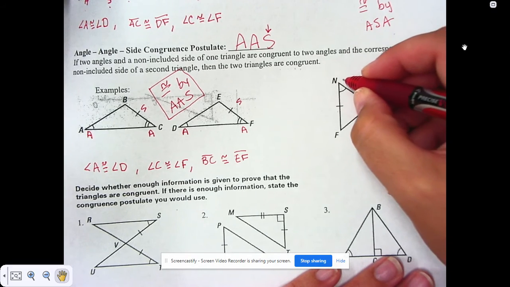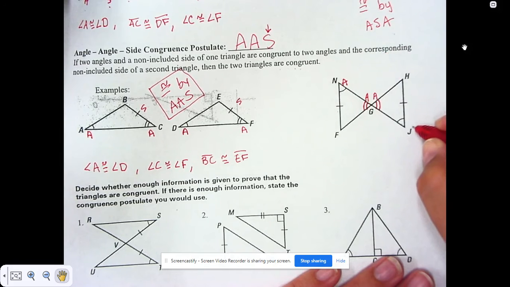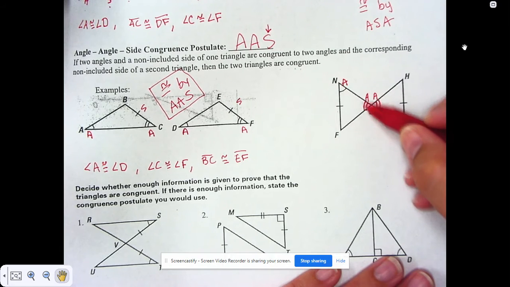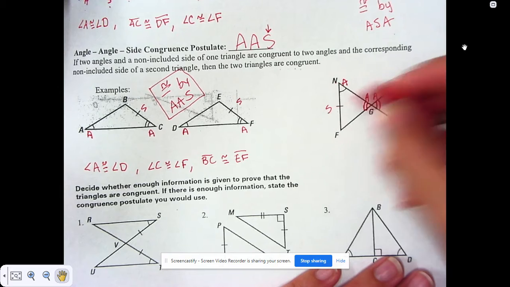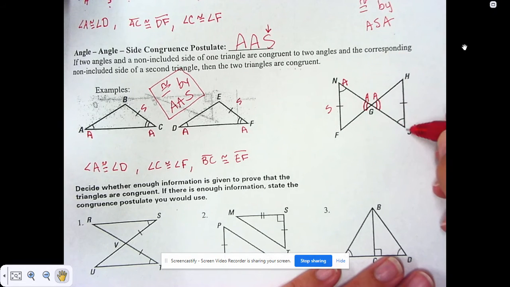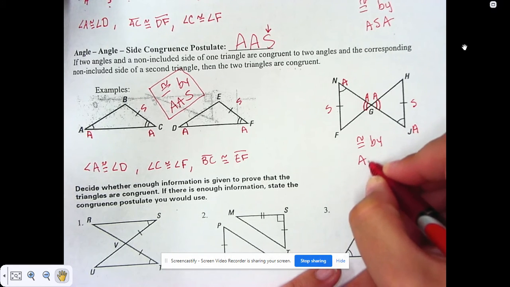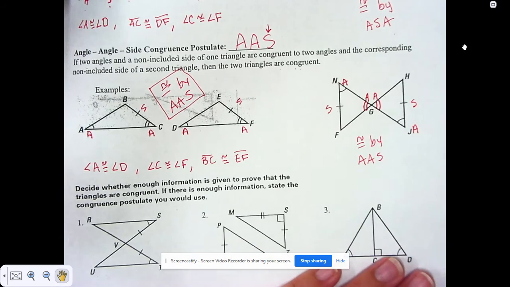I have angle N is congruent to angle J. Notice in this triangle, these are the two angles. The side that's marked is not in between, it follows. Same thing here, these are my two angles in this picture. The side is not in between, it follows. So these are congruent by angle, angle, side.